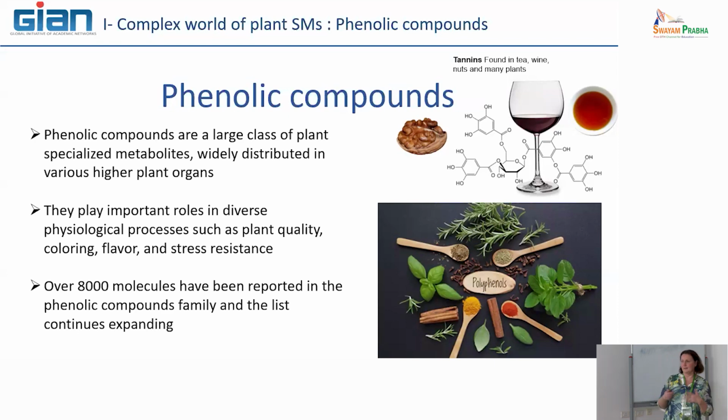It means that there is a lot of work done over the world on this specific family of specialized metabolites. So the phenolic compounds derive from the amino acid phenylalanine. We will see that after, in the metabolic pathway.